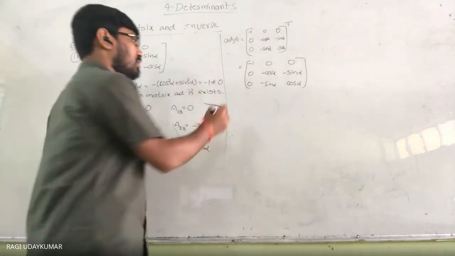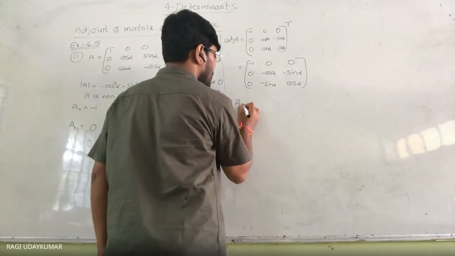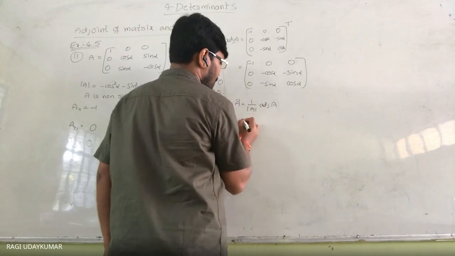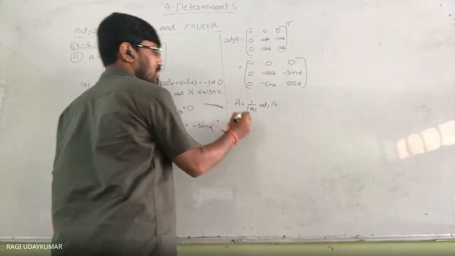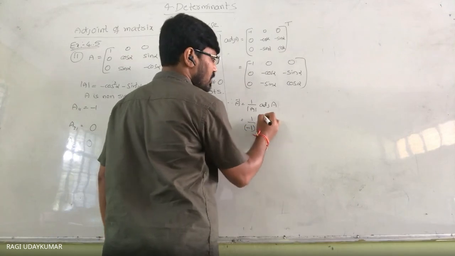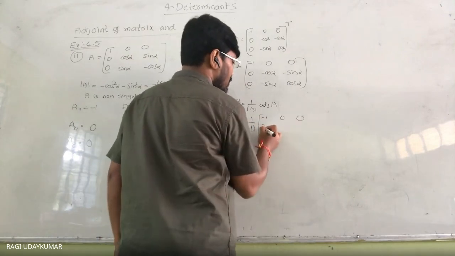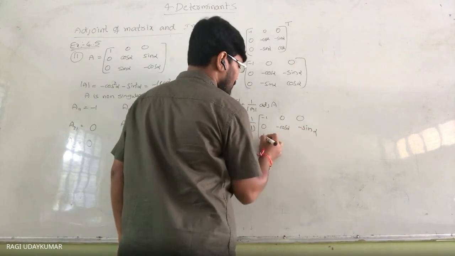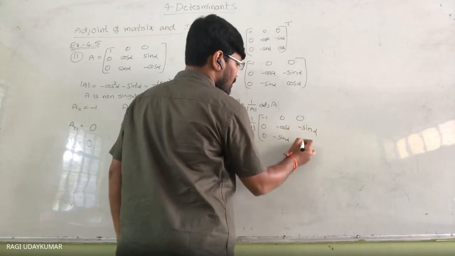Therefore, A inverse is equal to 1 by determinant of A into adjoint of A. The determinant of A is minus 1, so 1 by minus 1 into the matrix minus 1, 0, 0, 0 minus cos alpha minus sin alpha, 0 minus sin alpha plus cos alpha.